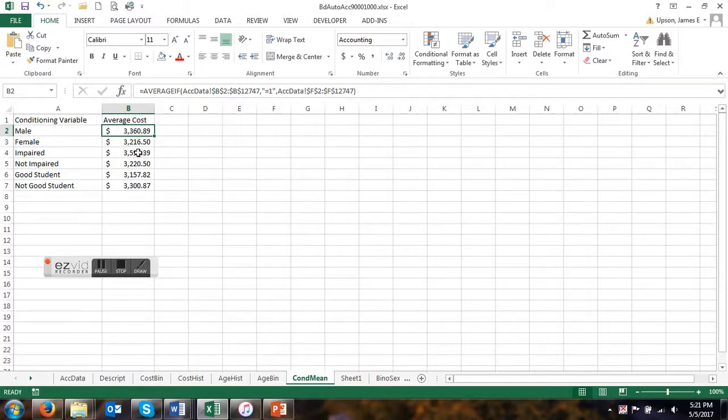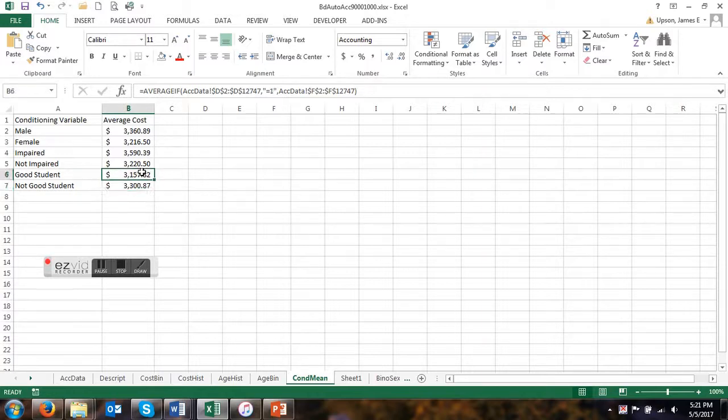If we know ahead of time that you're impaired or tend to be impaired, whether it's texting or anything else, then we should probably charge you more money for your insurance than if you have a lower probability of being impaired. And then here we have good student and non-good student.